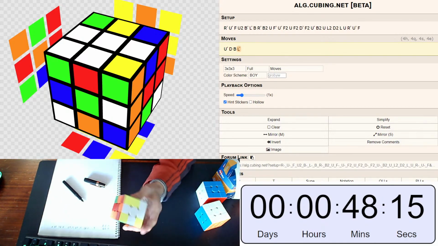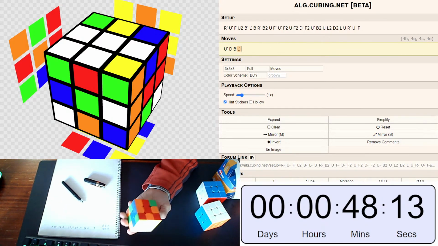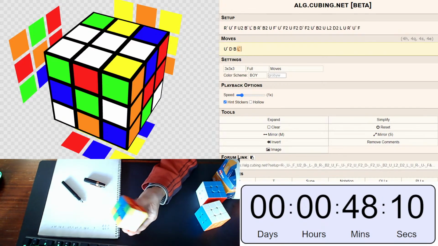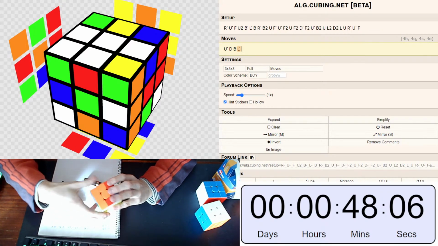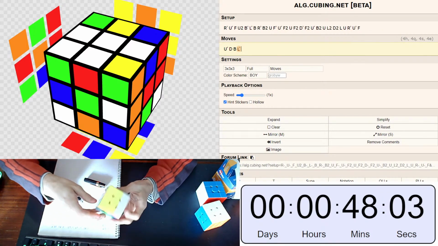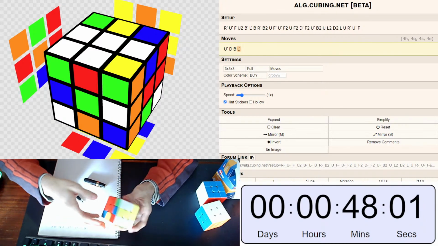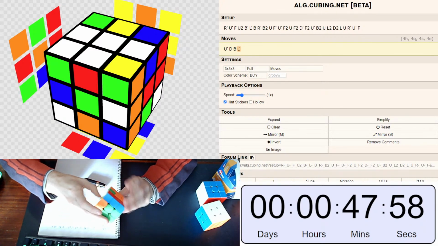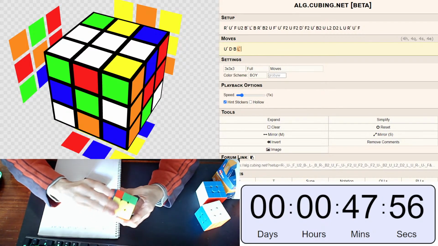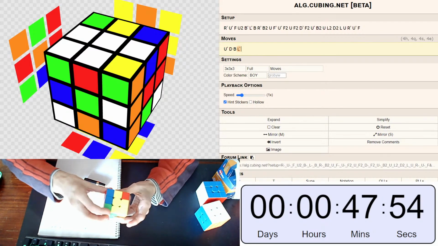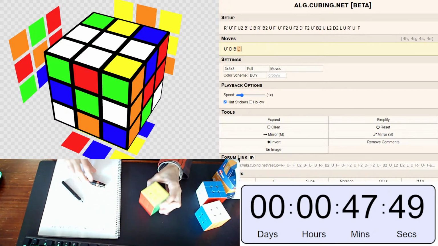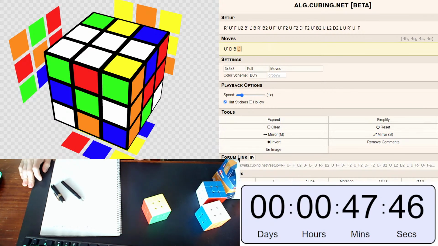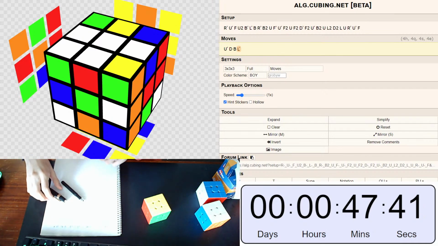The way domino reduction works, you can do lots of different things. So you can actually move your solution around. You can change whether some moves are... So some, like R and R prime at the end, are completely interchangeable.